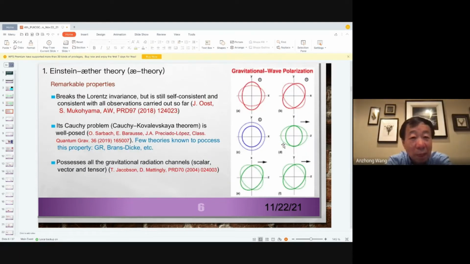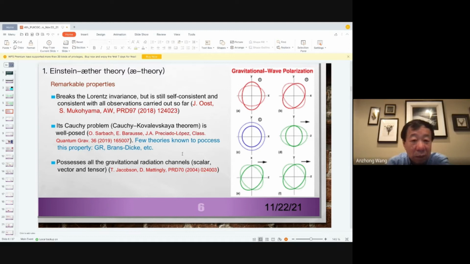The very remarkable property of this theory, like what I just said, is that although it breaks Lorentz symmetry, it is still self-consistent, and also consistent with all observations we have made so far. Its Cauchy problem is also well posed.